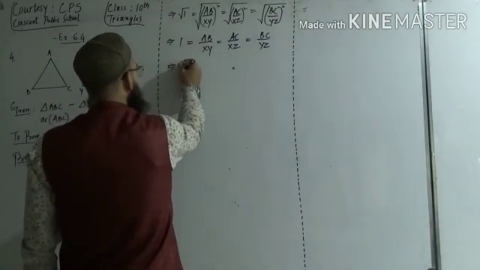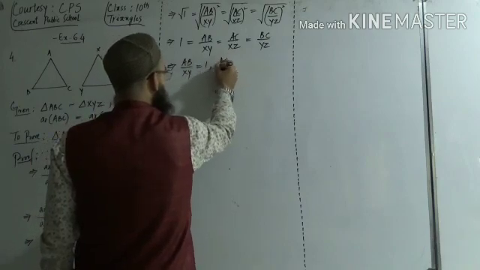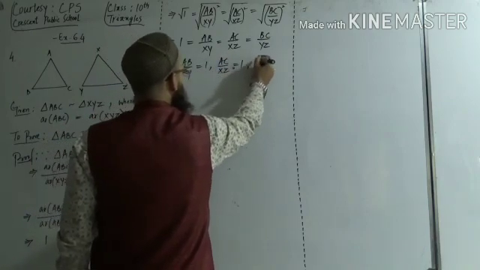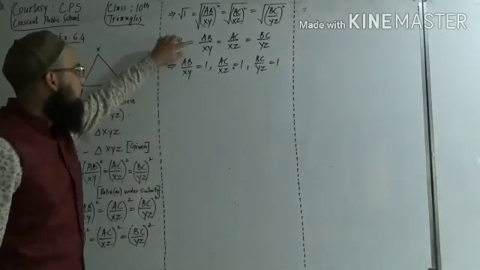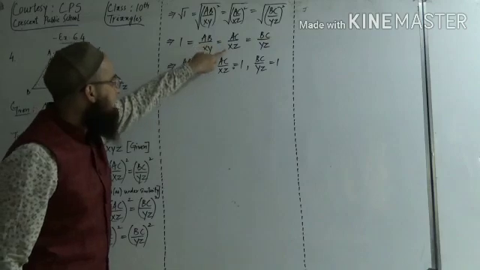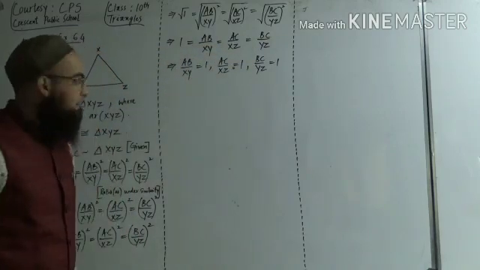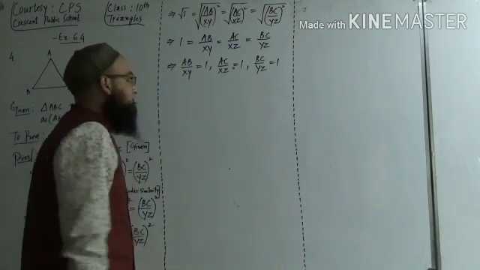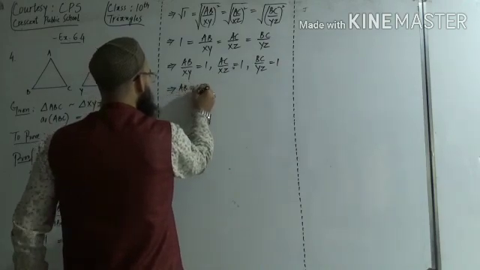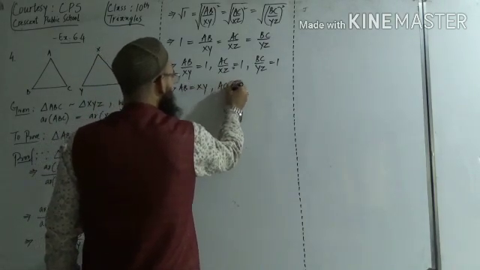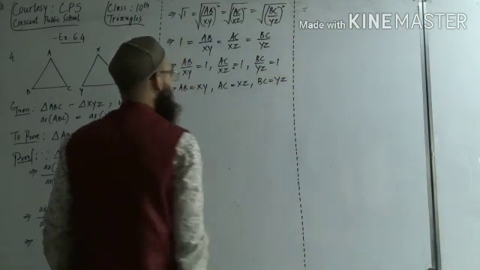Then I can say AB by XY is equal to 1, AC by XZ is equal to 1, and BC by YZ is equal to 1. So I wrote them separately. Here I'll get AB is equal to XY, AC is equal to XZ, and BC is equal to YZ.